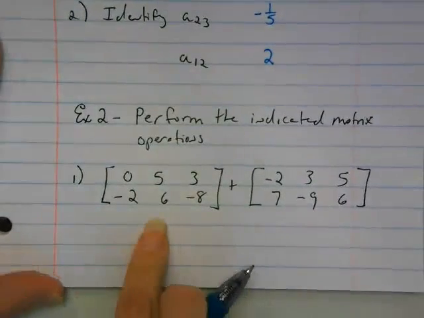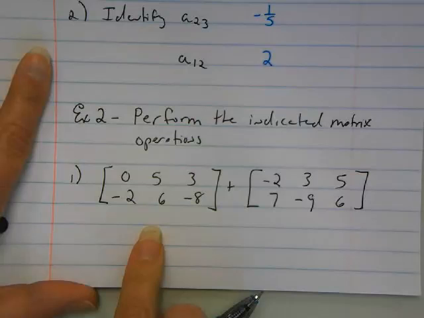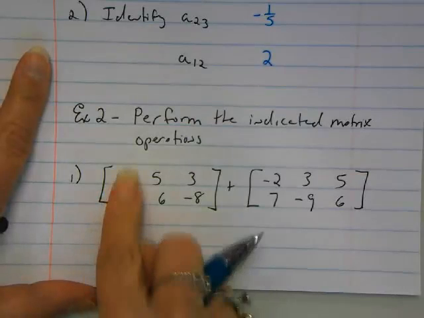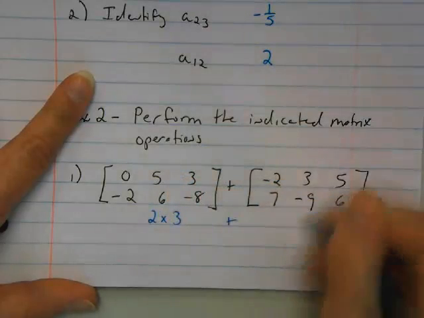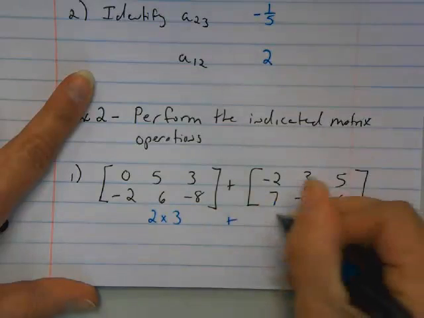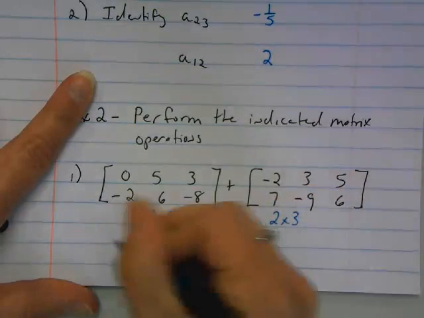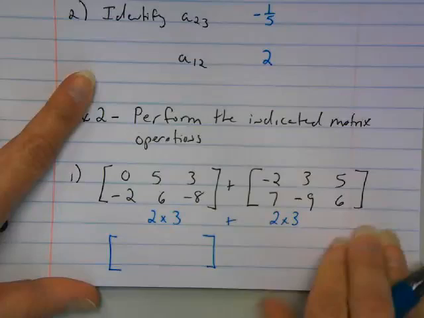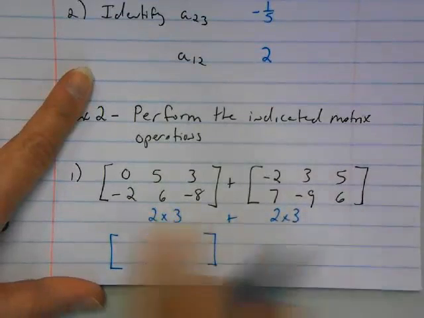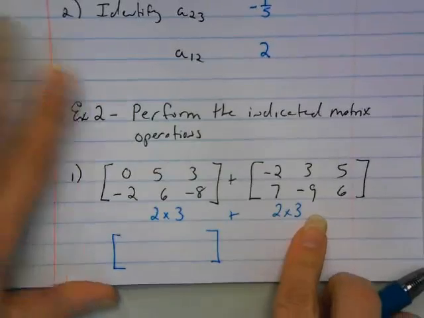First of all, on every problem you do, I want you to give me the order. Rows by columns. So this is a 2 by 3 plus a 2 by 3.